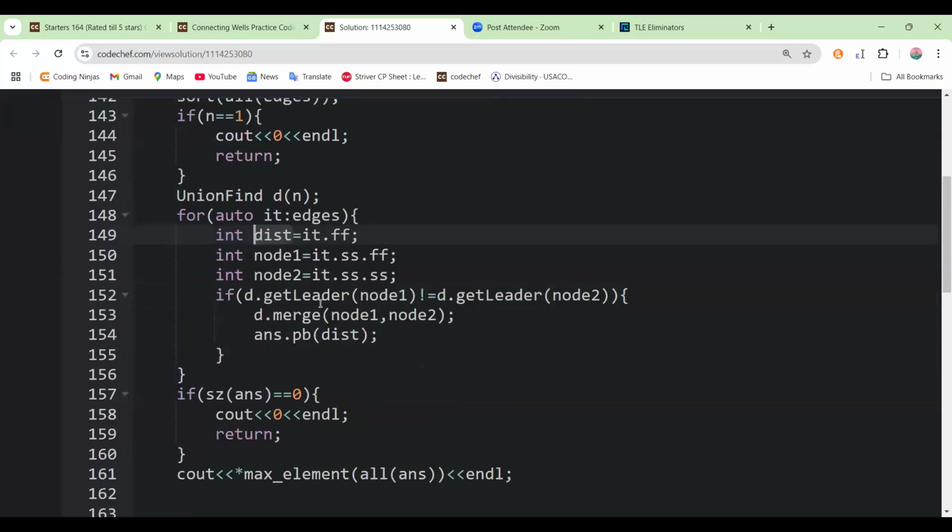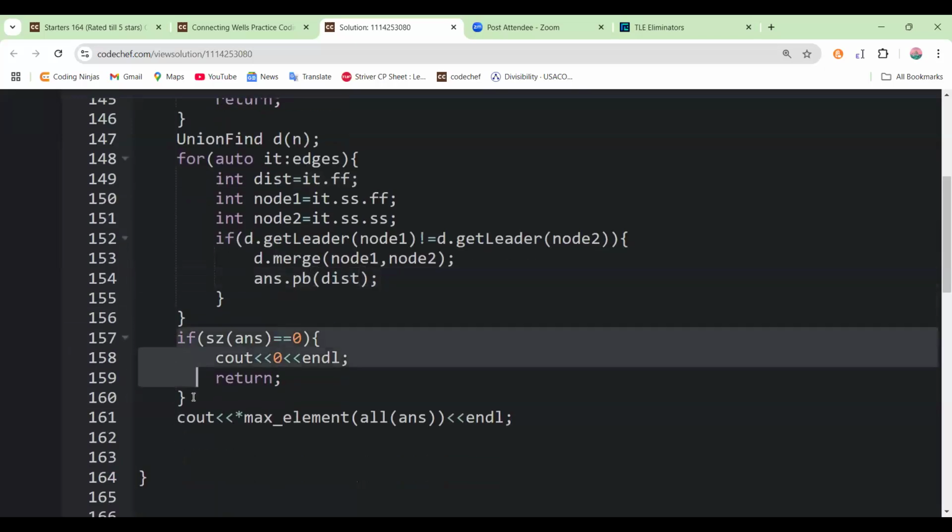I will check whether node 1 and node 2 are already connected or not. If d.getLeader(node 1) is not equal to d.getLeader(node 2), this means that node 1 and node 2 are not connected as of now. So I will first of all connect them, and in my answer vector, since I am using this edge, I will push back this particular weight.